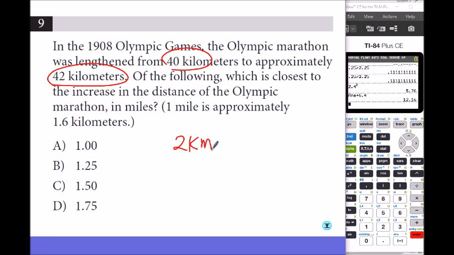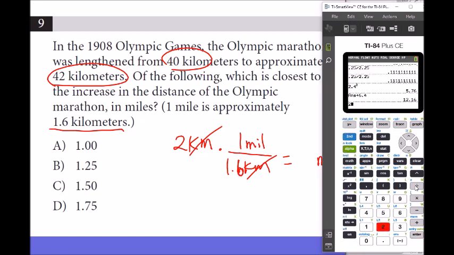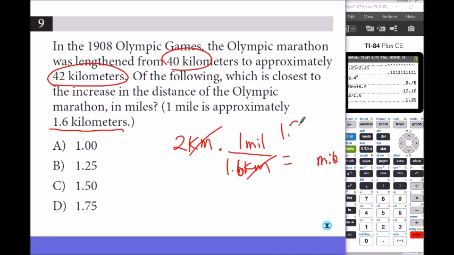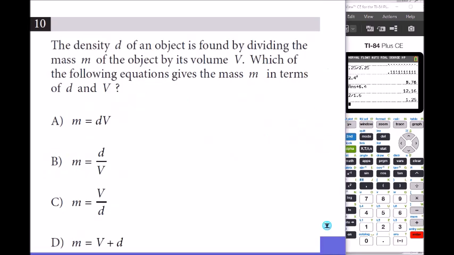And we want to know how many miles, so we are converting. 1 mile equals 1.6 kilometers, so 1.6, right? You're trying to find the miles, so you divide by 1.6. So it's 2 divided by 1.6, which gives you 1.25. So it is B.